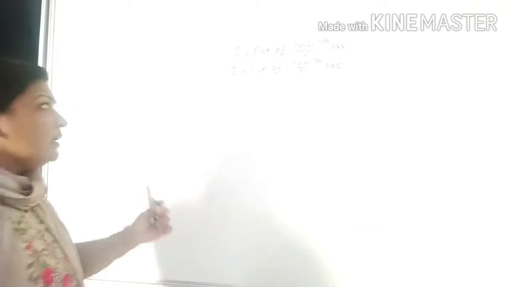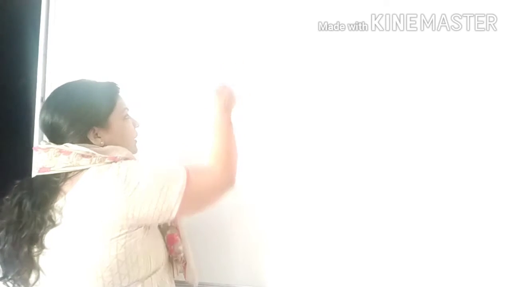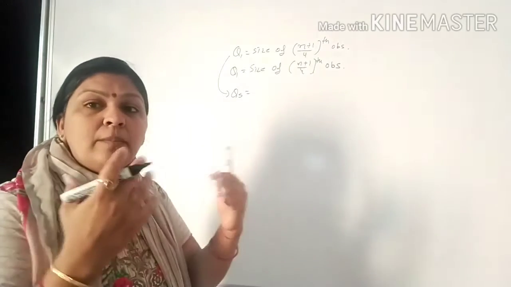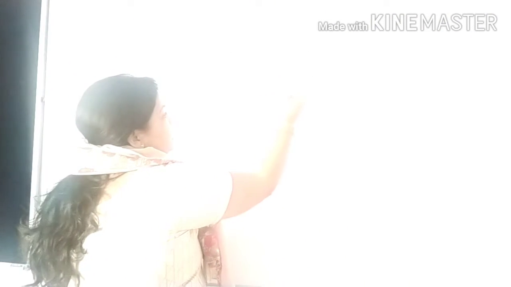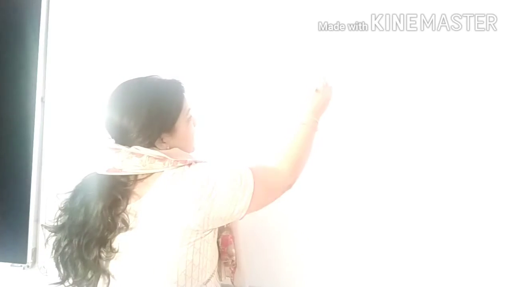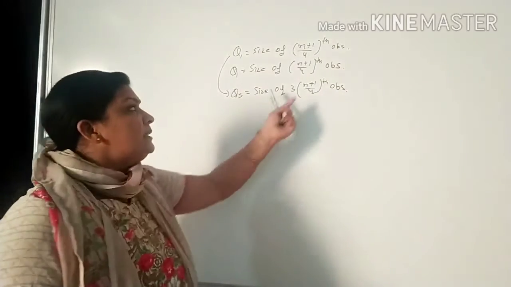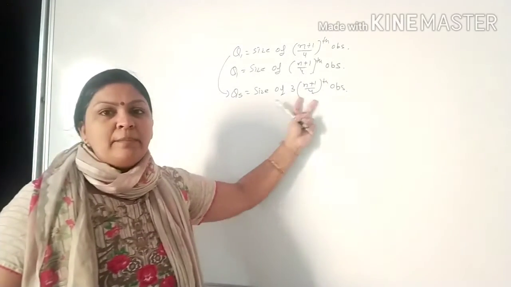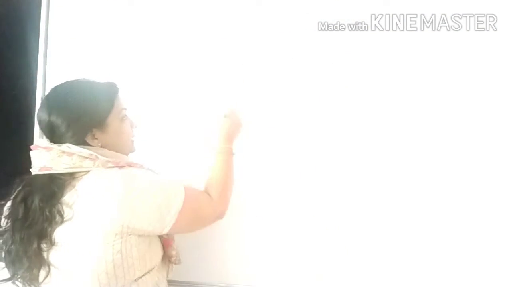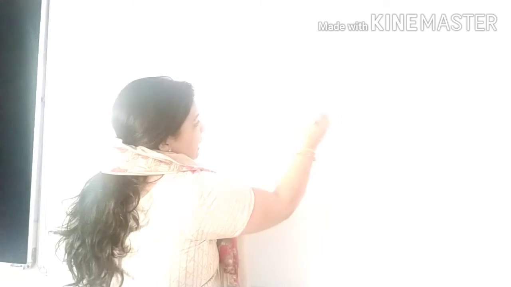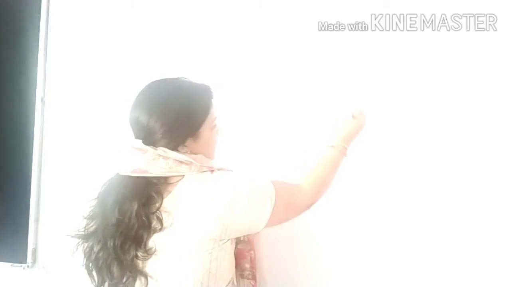But when we are talking about the individual series Q3, 3 means the third part, so it is the size of 3 times n plus 1 by 4th observation. Clear? It means we have to multiply by 3. And for the discrete series again the same, size of 3 times n plus 1 by 4th observation.